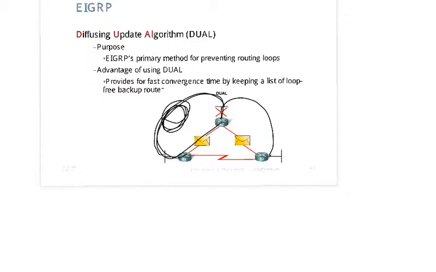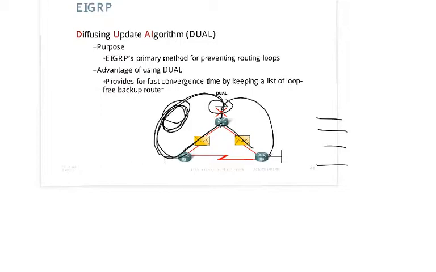What EIGRP does, it uses this DUAL algorithm to send queries and receive replies in order to keep not only one, but multiple loop-free routes to a specific network. And these loop-free routes will be used as backup routes in case any network change happens.